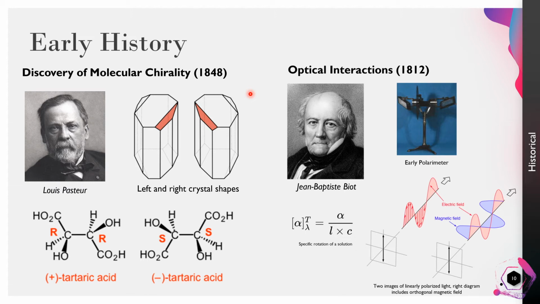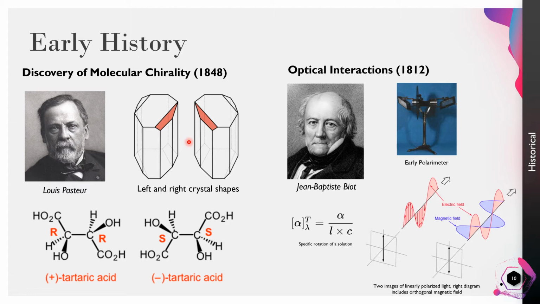Now, based on previous work by Jean-Baptiste in 1812, he was able to identify them as separate enantiomers based on their specific rotation. So if he created a solution of one enantiomer and dissolved it in solution and recorded the specific rotation, it would rotate linearly polarized light in one direction.